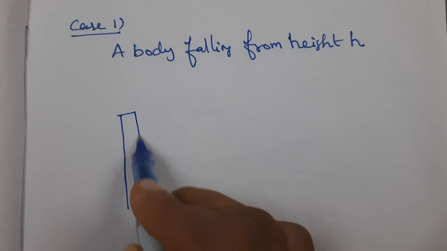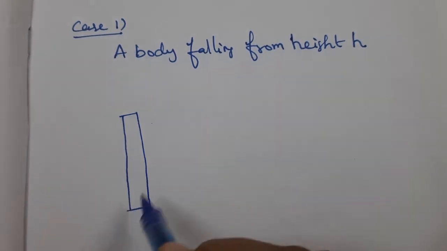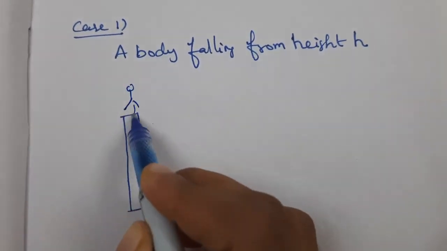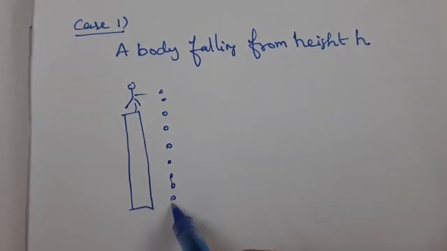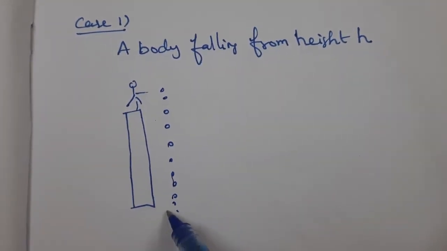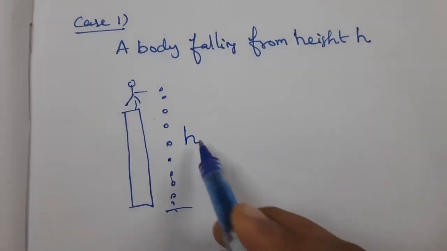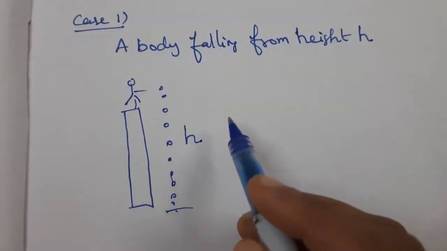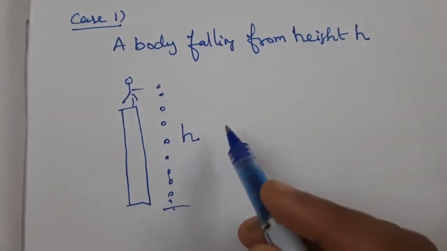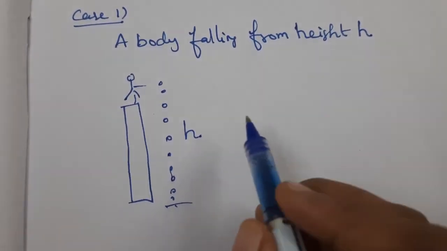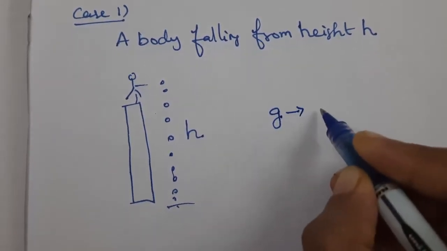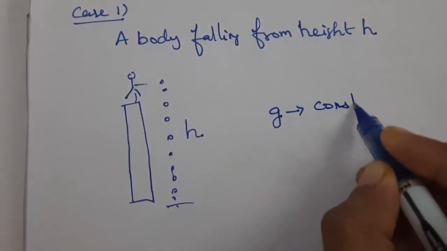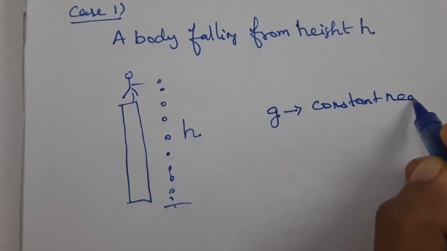This is a particular height from the earth's surface. Here one man is standing. He is dropping an object downward. This is the height h. So acceleration due to gravity, g, is constant near the surface of the earth.